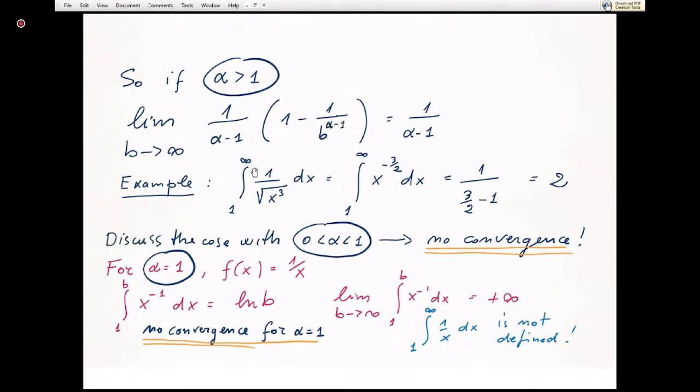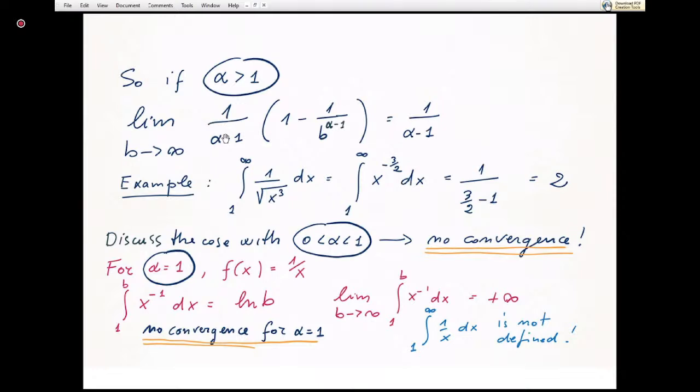For instance, in this case, we have an example with alpha equal to 3 over 2, which means computing the integral between 1 and plus infinity of 1 over the square root of x to the power of 3 dx. I can use the formula already ready to use because we derived it in the general case.